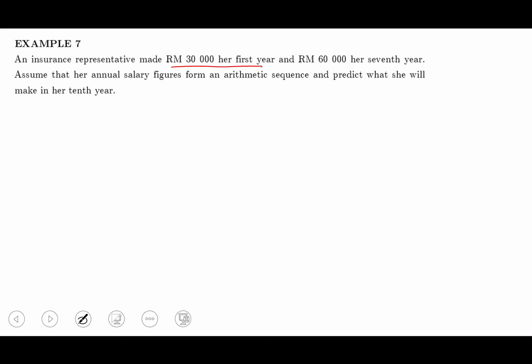So we can say that this is the first term, A. And then 60,000, the 7th year, so this is our T7. So we have T7 equals 60,000. So by using our Tn again, we can get an equation of 30,000 plus 6D equals 60,000. And rearrange this equation, we can get our D, which is 5,000.